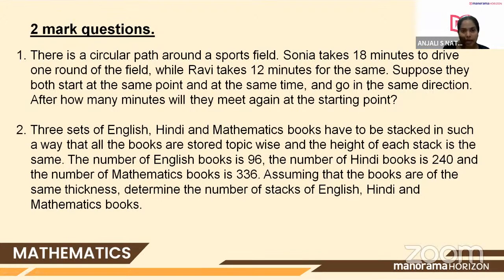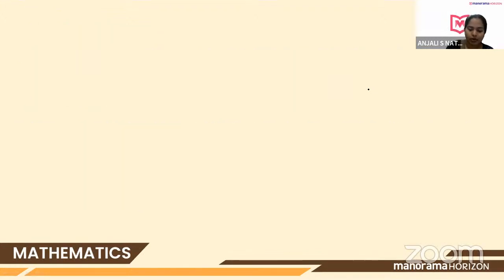Okay, so look at the question again. There is a circular path around a sports field.